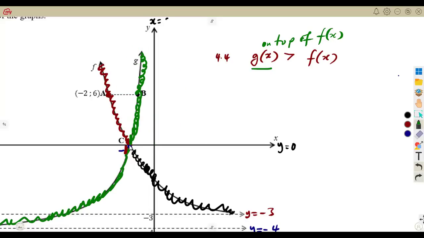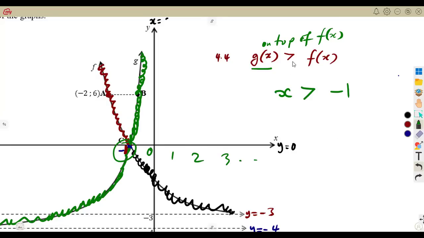So it is happening from this -1 going to the what? To the right side. Meaning to say we're talking about -1, 0, 1, 2, 3. These are the values that we're talking about. Compared to this -1, how can we write these values? What are we saying about this x? X is bigger than -1. X is greater than -1.